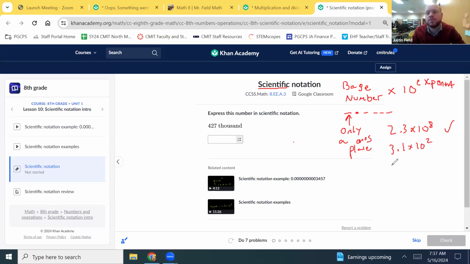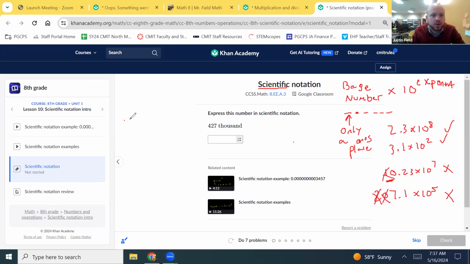That's an example. 10.23 times 10 to the 7th. This is not an example because it's got a tens place. Also 207.1 times 10 to the 5th. That is not an example because it has a hundreds place and a tens place. Bad examples.